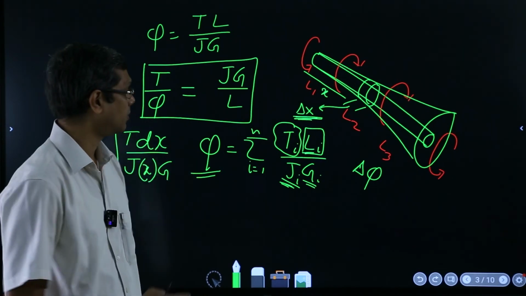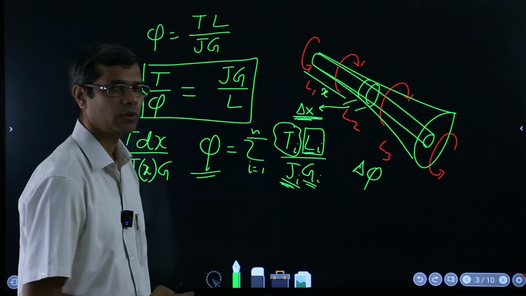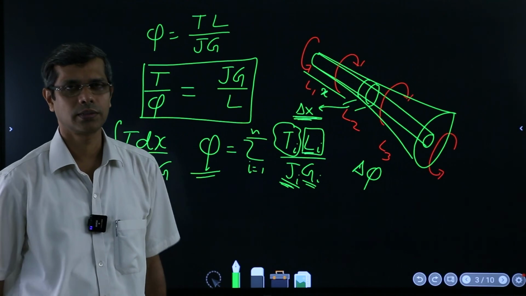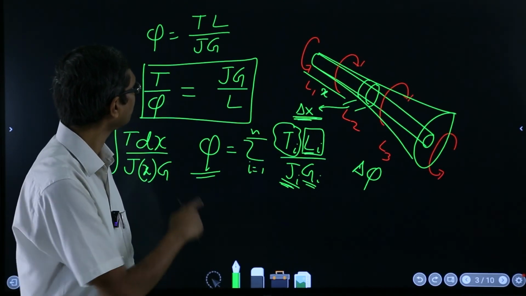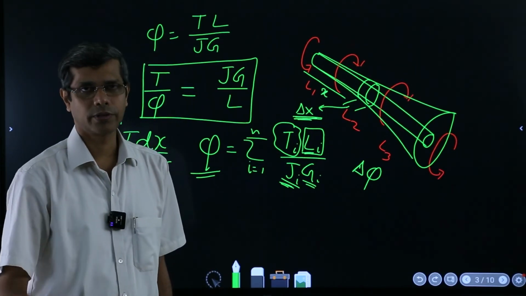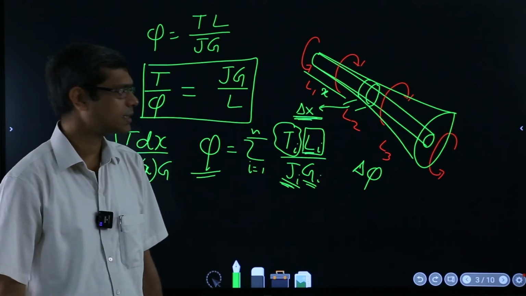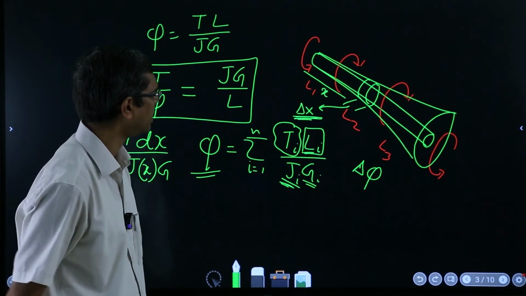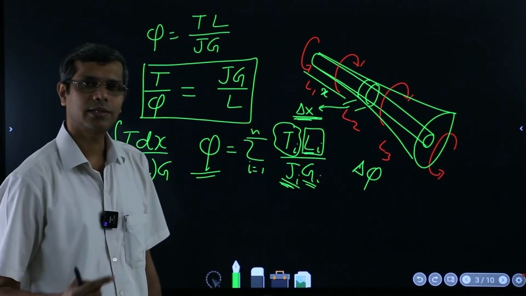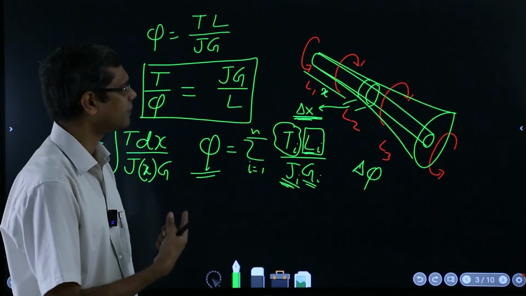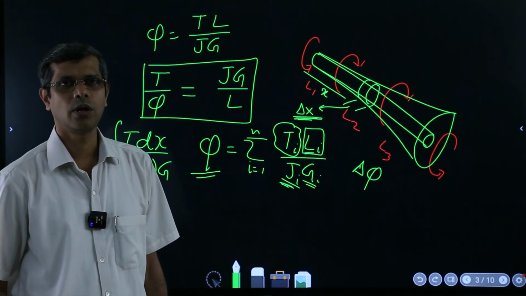There it will be very useful to get the conditions of angle of twist. We will discuss them in detail, but just keep in mind that in statically indeterminate problems, the angle of twist will play a major role for solutions.